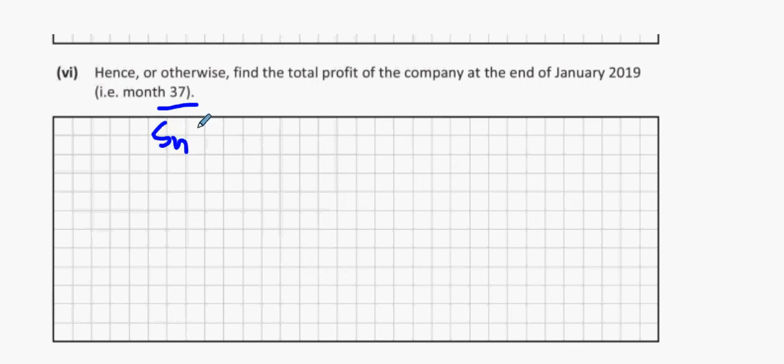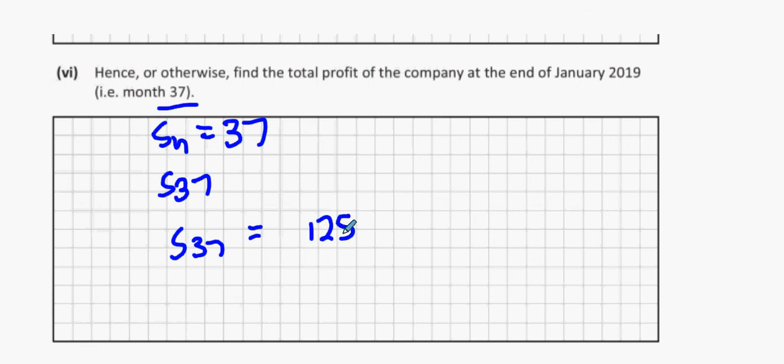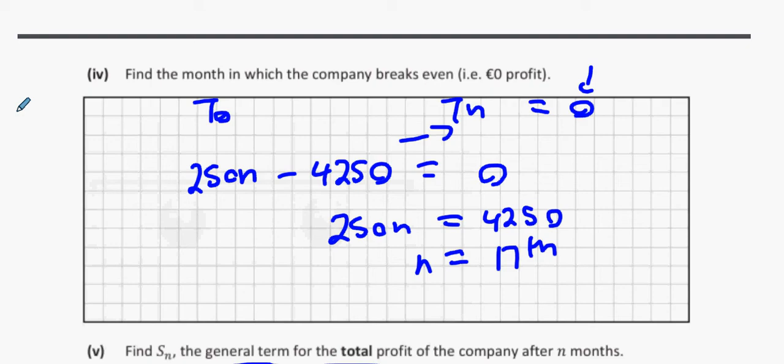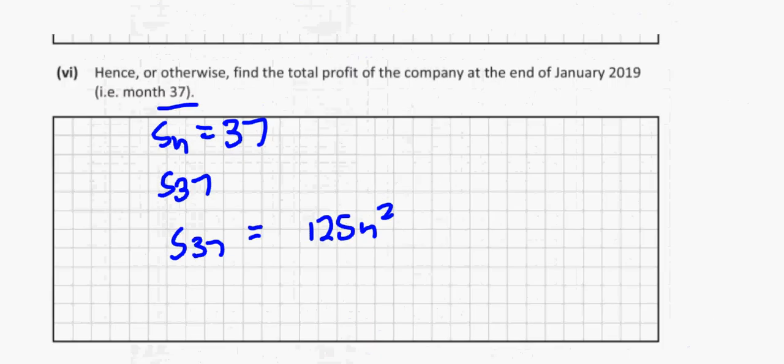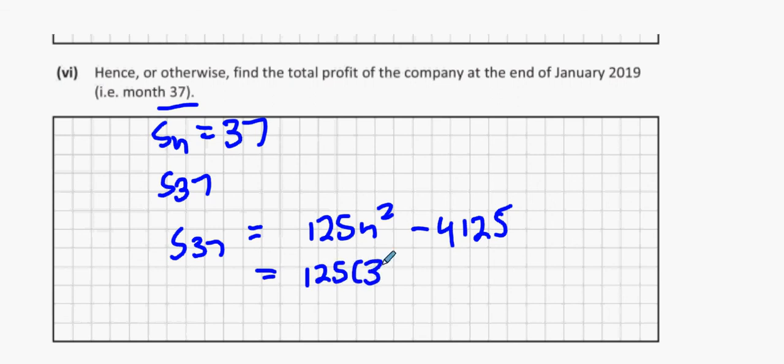That Sn equals 37, or is it S37 you're looking for? S37. So you get your formula that we had in the last part. I believe it was this, and you simply sub in 37, and you should get your answer outright. If somebody could do that, that'd be amazing.